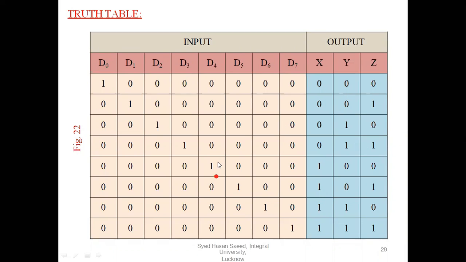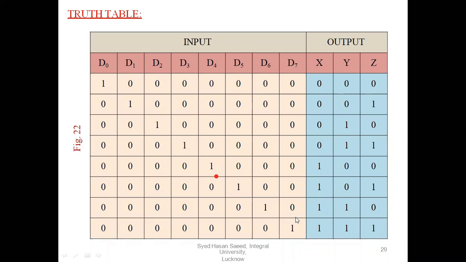At D4 only we place 1, remaining values are 0, and it produces the output 1 0 0. At D5 only place 1, remaining inputs are 0, output is 1 0 1. At D6 only we place 1, remaining all are zeros, and the output is 1 1 0.